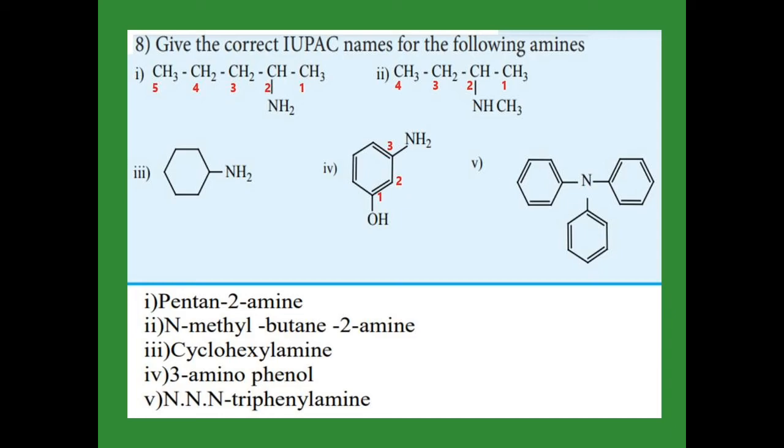In this first IUPAC name, see the red color, how many carbons? 5 carbons. So 5 carbons means pent, and the second carbon contains the amine. So single bond is also there. So pentane-2-amine. Then the second one, 4 carbons are there. 4 carbons means but, and in the second carbon it contains the amine, and single bond also there.